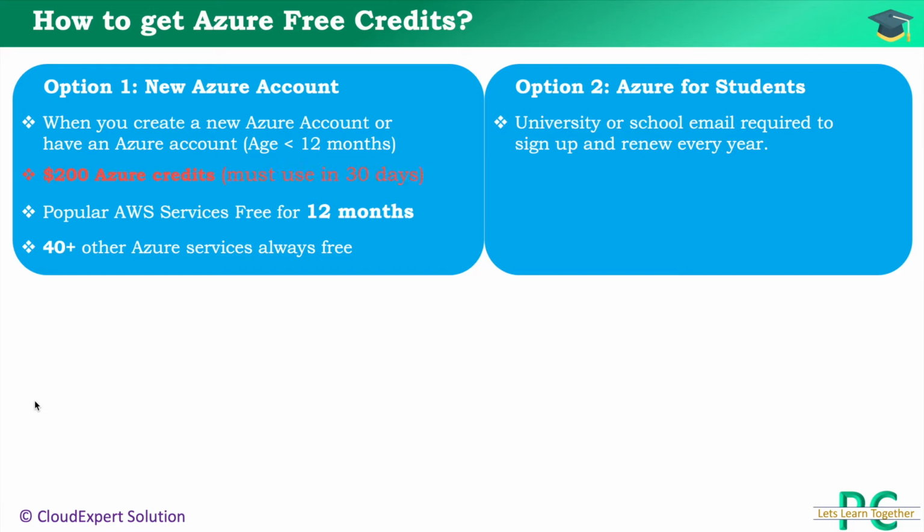And you have to renew every year just to prove you are still an existing student. Under this criteria, you will get $100 Azure credit. And please remember, this credit will not expire in 30 days. You have 12 months to use this $100 Azure credit. Under this program, you don't need a credit card to open the account.